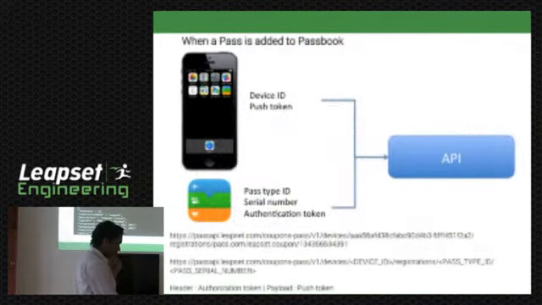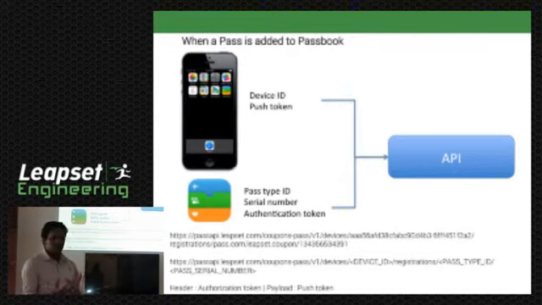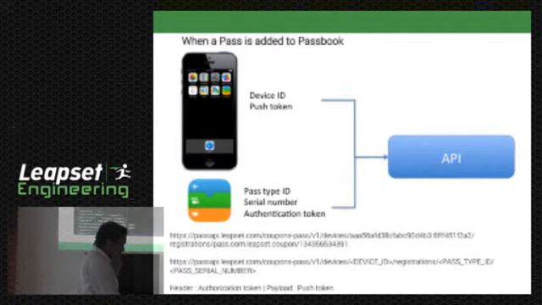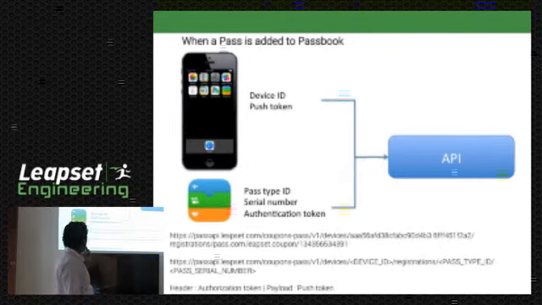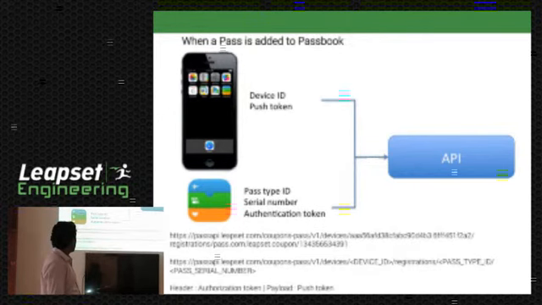Let me show you what I mean. So when a pass is added to your Passbook, the first thing that happens is the pass has to be registered on our site. So whenever you install a pass, Passbook along with the OS will send a request to our server with this information: the device ID, the pass type or the pass number, and the push notification token on the header.